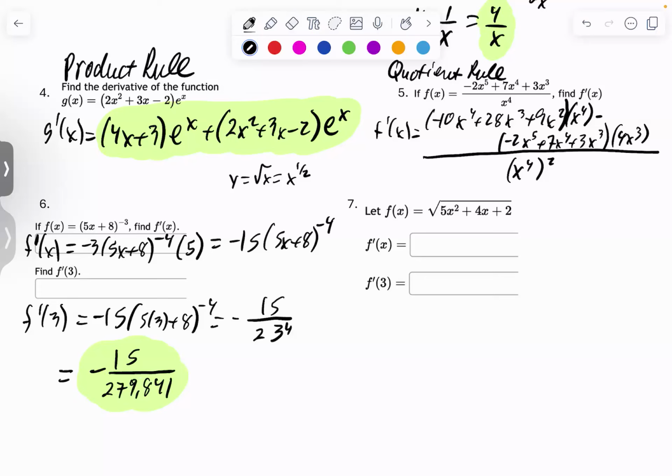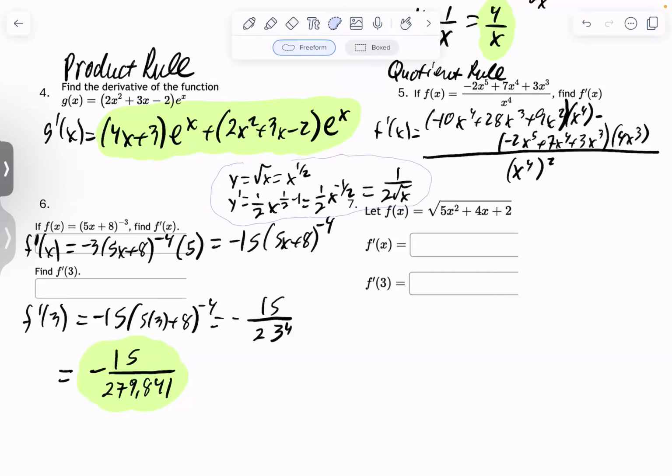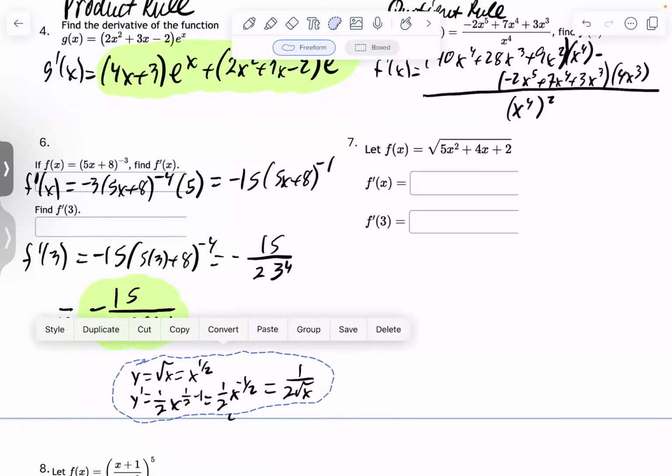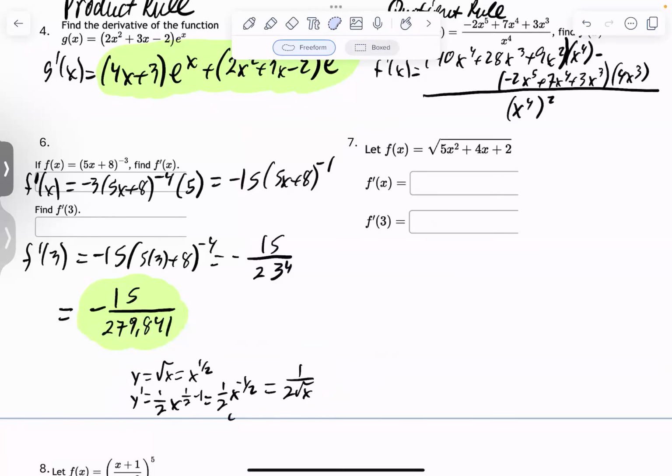And if I apply the power rule, then y prime becomes 1/2 x to the 1/2 minus 1 power, which is 1/2 x to the negative 1/2 power, or 1 over 2 root x. That's just something to keep off to the side. Let me put that down here, just as an aside for now.